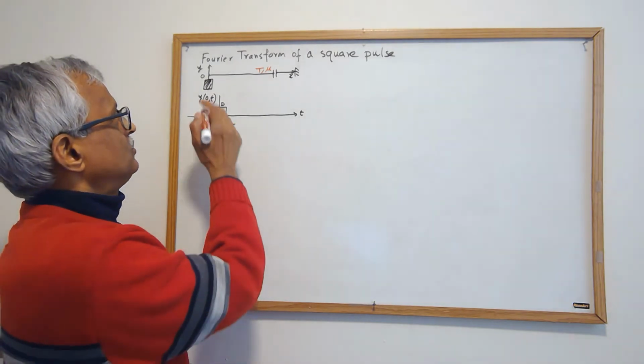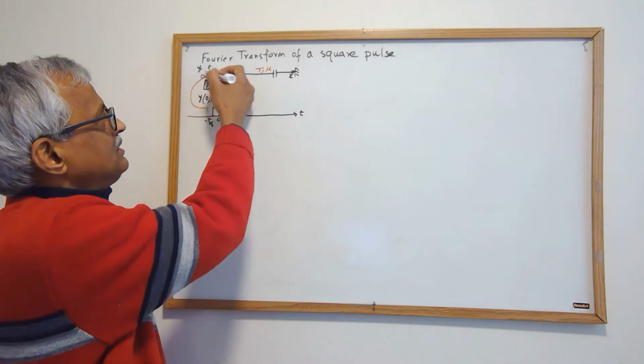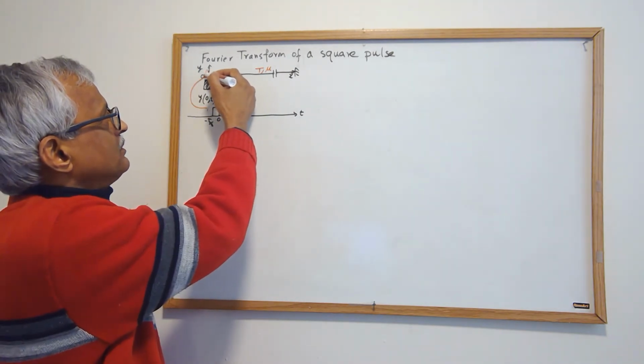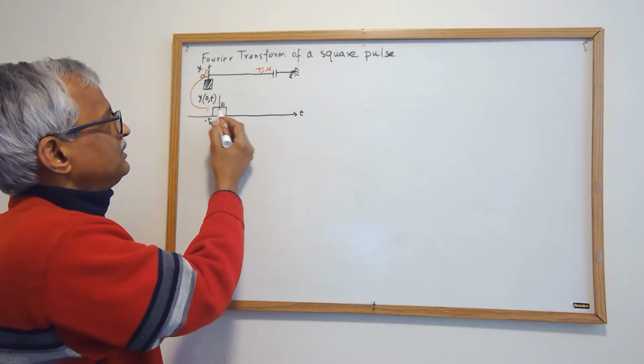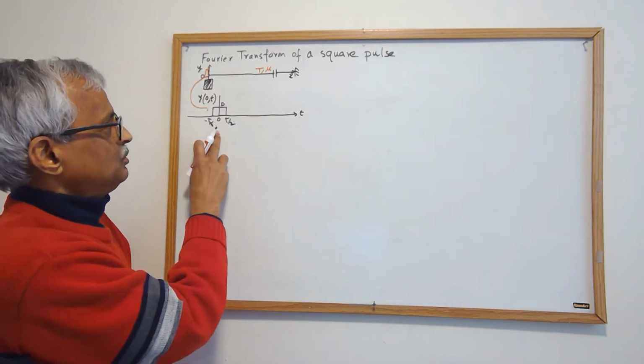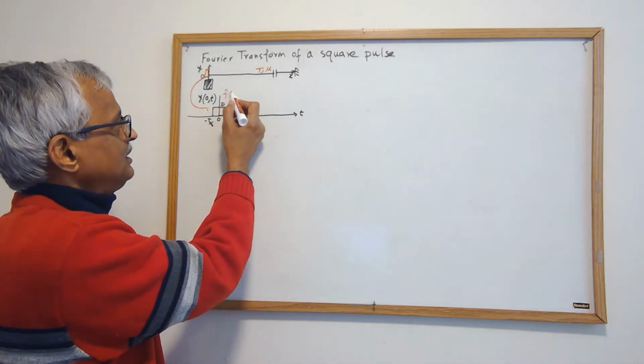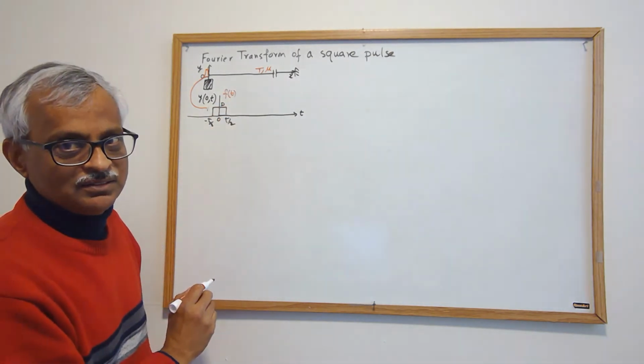Over here, this thing goes up, stays up for a while and then comes down. So it will give me this kind of function, and this is my f of t, and this is the t.